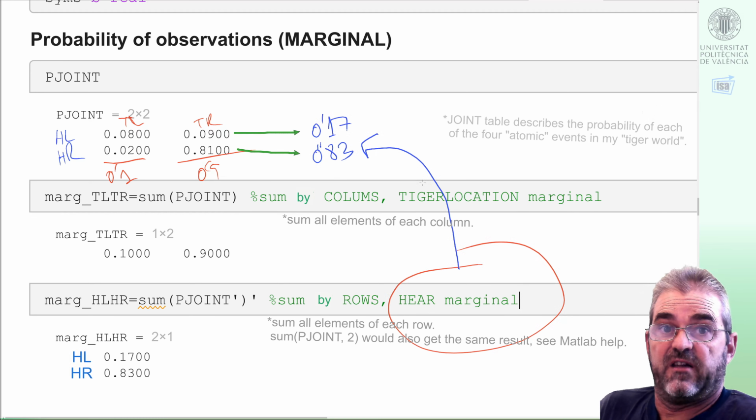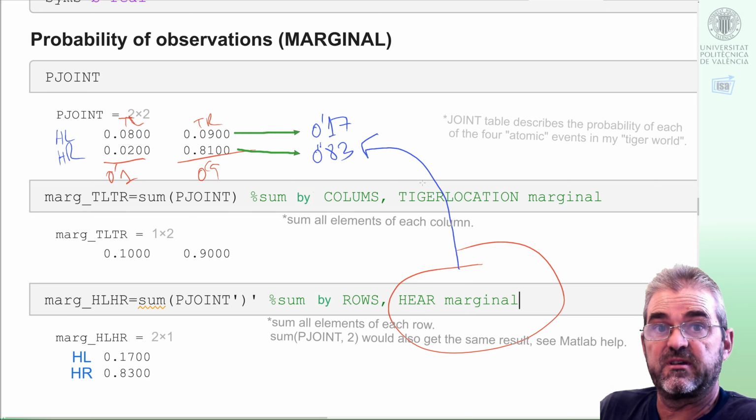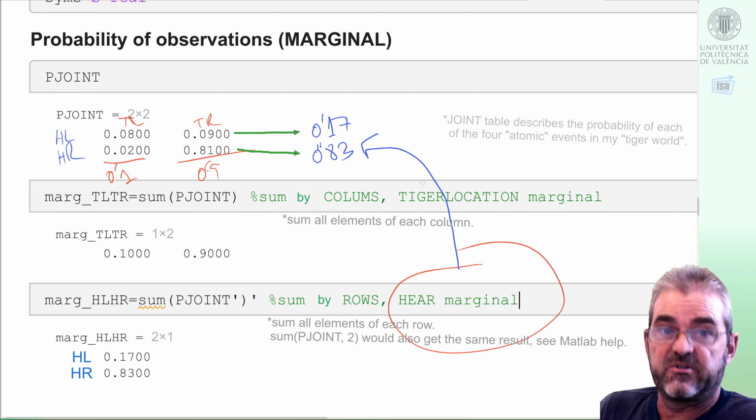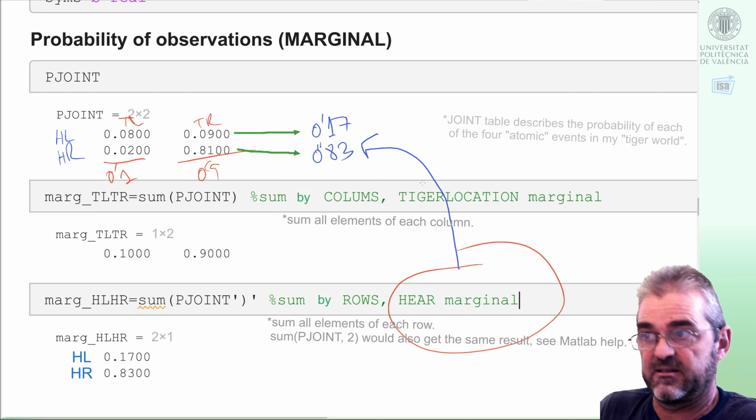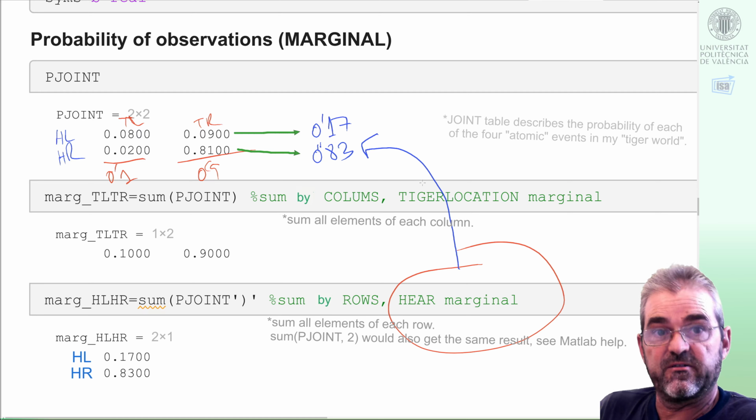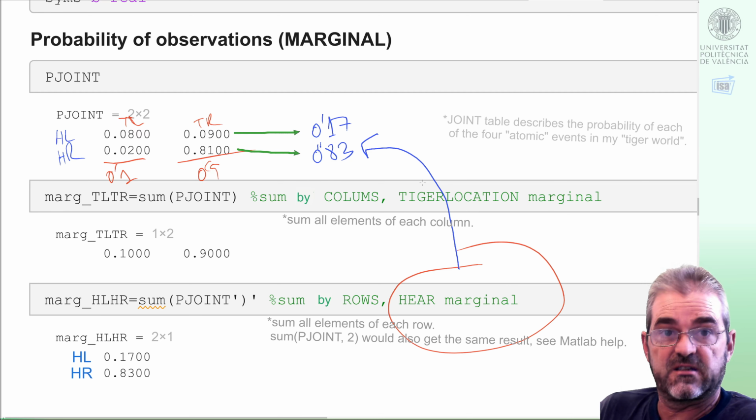Indeed, I have 4 possible events, so if I add the probability of all the events in which I hear something roaring in the left door, well, then that's the definition of the marginal. Of course, I can decompose it in 2 sub-events, hear left when Tiger is left, hear left when Tiger is right, but if I am only interested in the frequency in which I hear roaring tigers at the left door, then it's 17%, period.